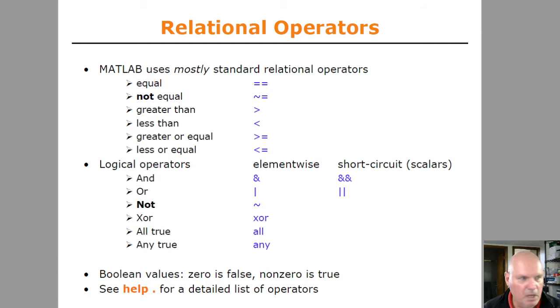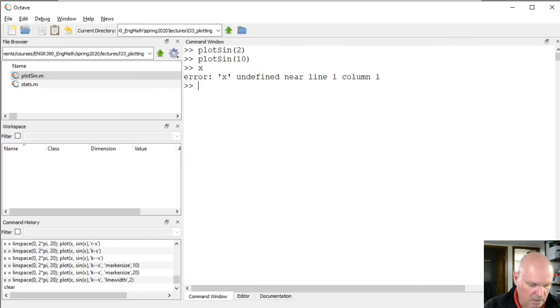So some examples here: is 2 equal to 2, and I get a 1 as a result. 1 corresponds to true. That means the fact that the answer is 1 means that it's true. If it's not true, is 2 equal to 3? The result I get back from that comparison is no, or false, or 0.